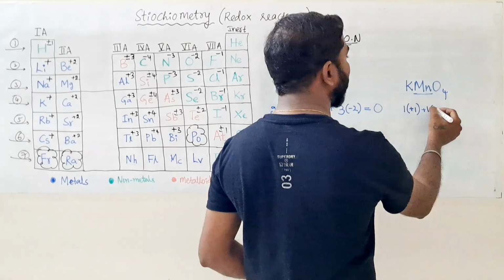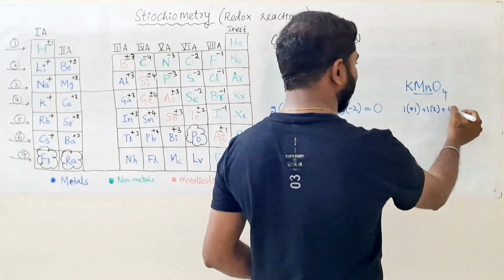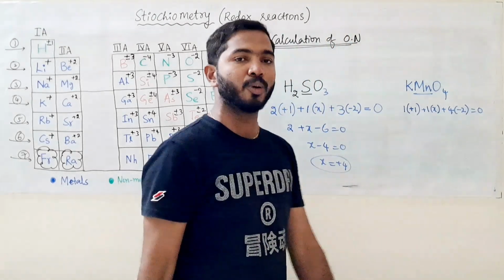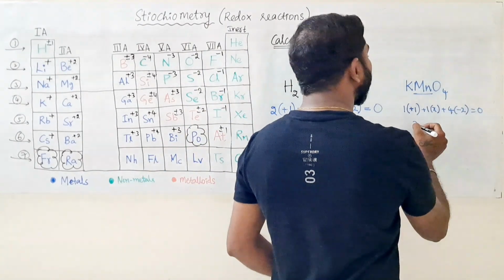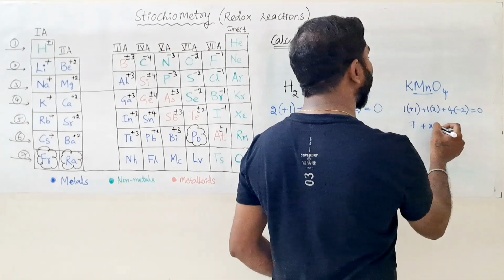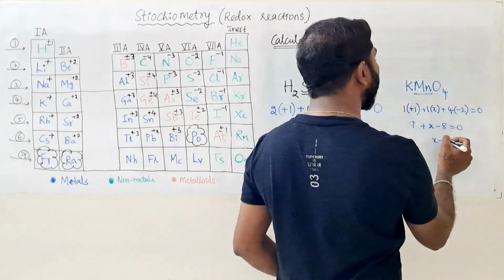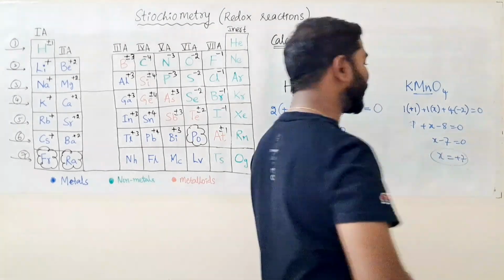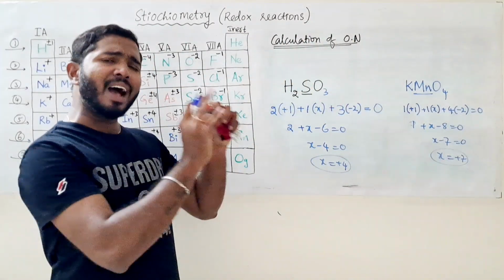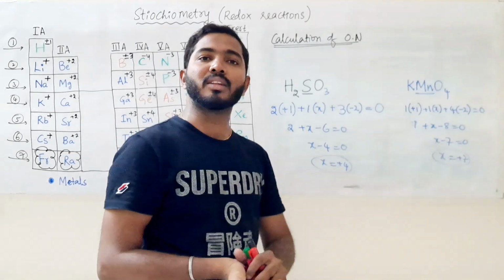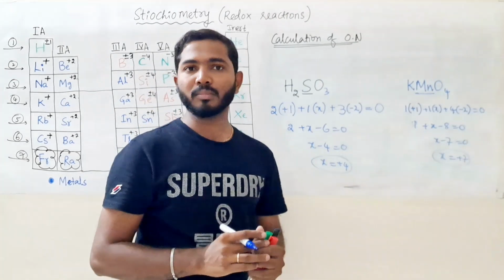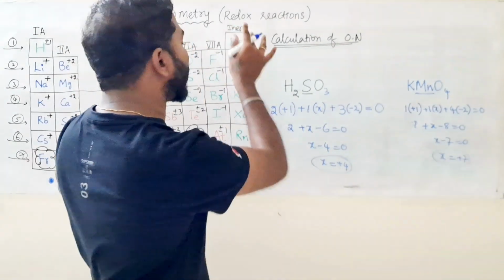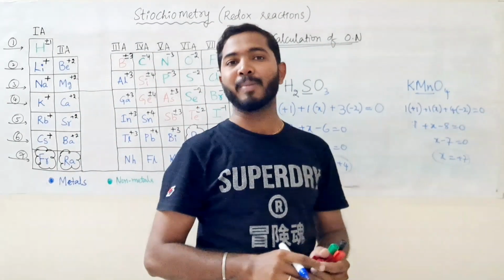Then manganese we take as X. And we have 4 oxygens, each oxygen taken as -2. So we get 1 plus X minus 8 equals 0, X minus 7 equals 0, so X is going to be +7. Hope it is clear. So this is how we calculate the oxidation numbers. This is very easy if you know the oxidation numbers for the remaining elements.